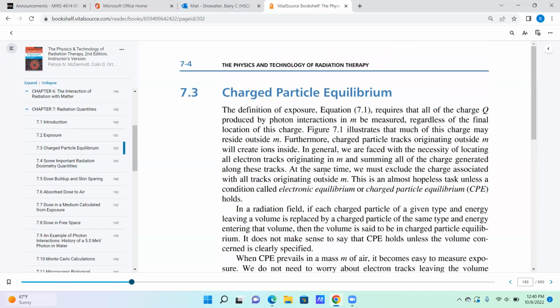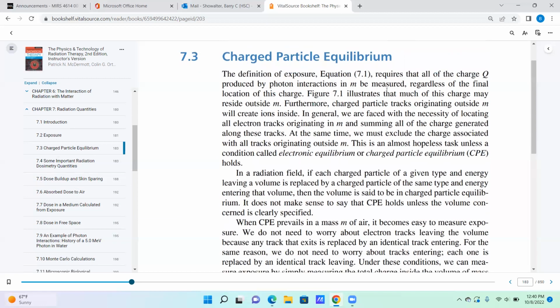Now let's go over 7.3, and then we'll do the lecture of the other sections in a subsequent video. So: charged particle equilibrium, CPE. The definition of exposure requires that all of the charge Q produced by the photon interactions in M must be measured, regardless of the final location of this charge.